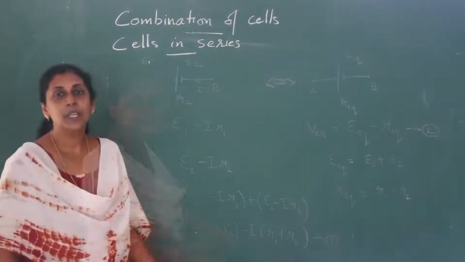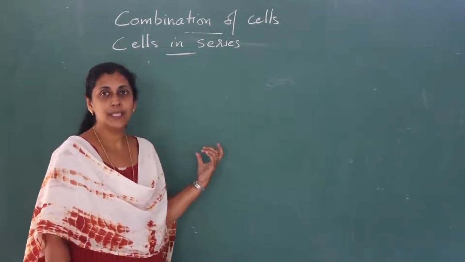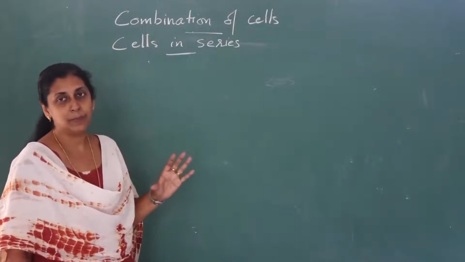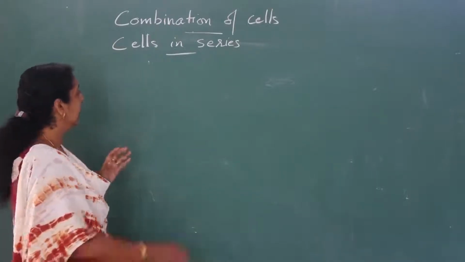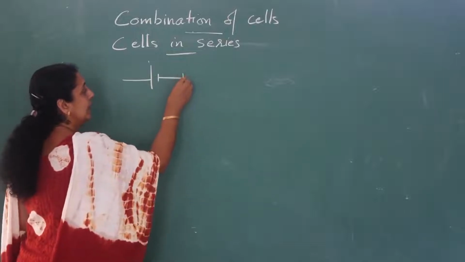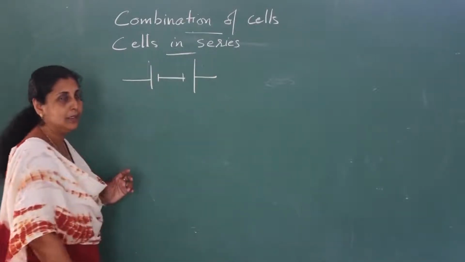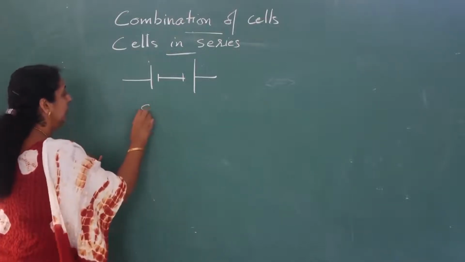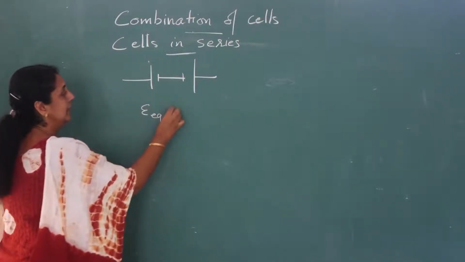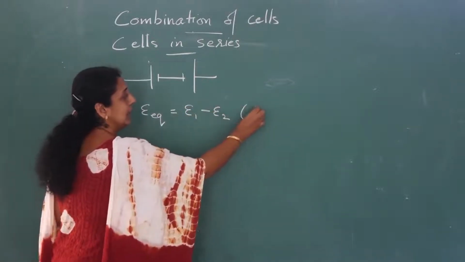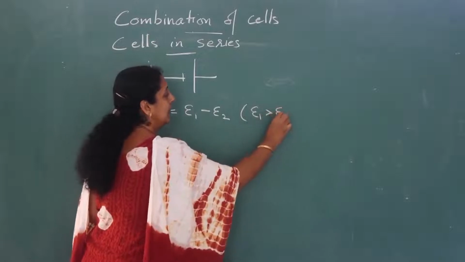We were talking about the combination of cells in series where the two cells are combined in such a manner that the negative of the first cell is connected to the negative of the second cell. Then in this case the effective or the equivalent EMF will be equal to E1 minus E2. That is, in the case E1 is greater than E2.